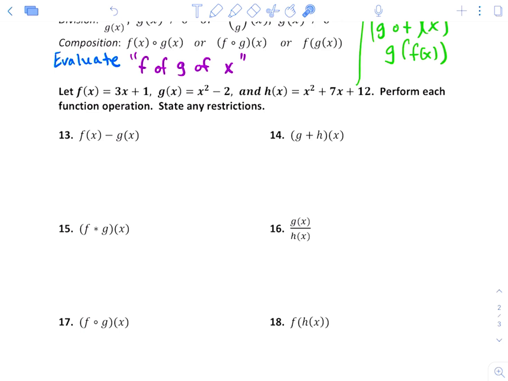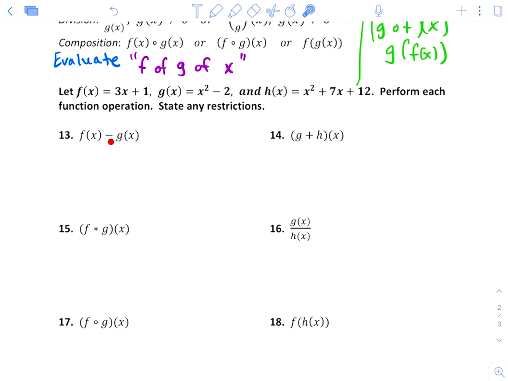So as I'm looking at my f of x, my g of x, and my h of x, with the way they're written right now, because I have a linear and then two quadratics, those don't have any restrictions that I need to worry about. So unless I have a fraction or a square root that comes into play somehow, all of my restrictions should be none for these answers. Okay. And then we're just going to replace the name of the function with its expression and then simplify.